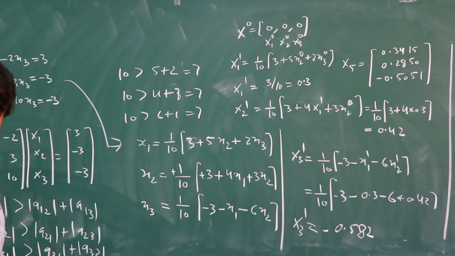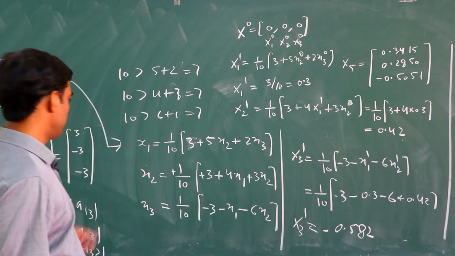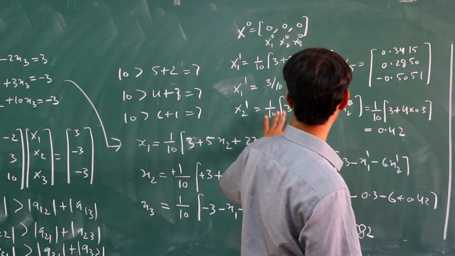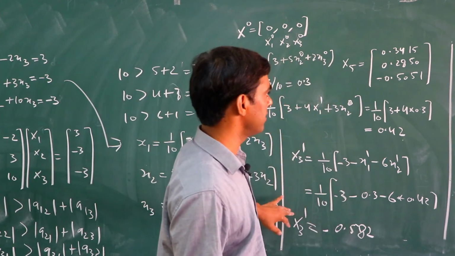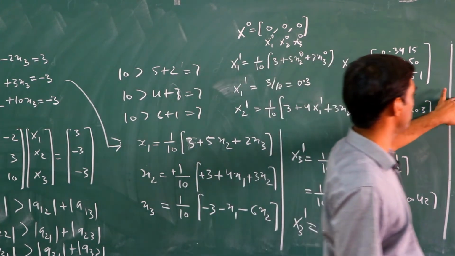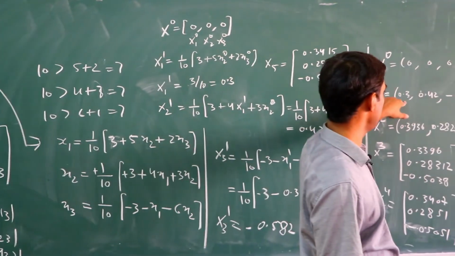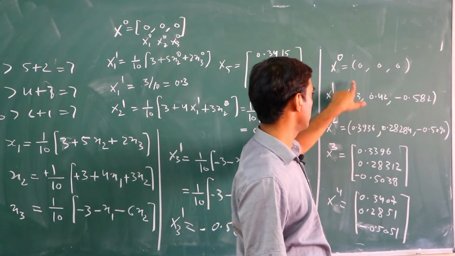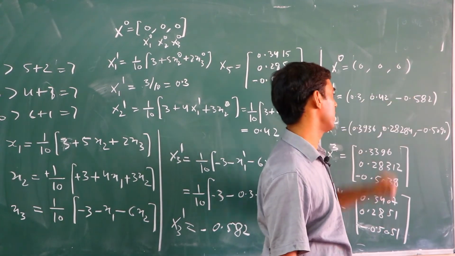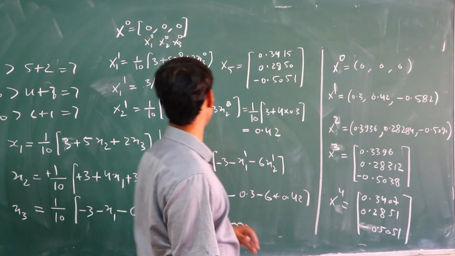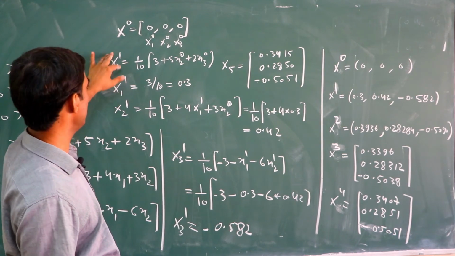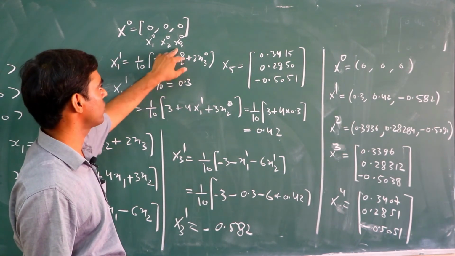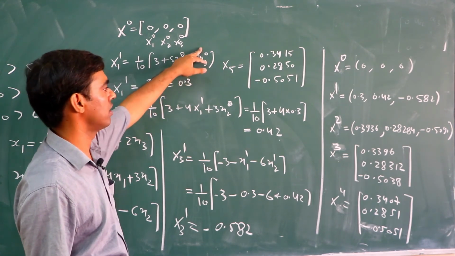So this means the first iterative value. Here we note down the values of x1^(1), x2^(1) and x3^(1). To find the next values, x1^(2) becomes 1/10 (3 + 5 x2^(1) + 2 x3^(1)).